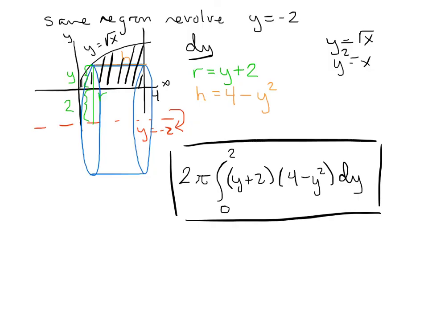I think it's easier to draw a picture and figure out from the picture your radius and figure out your height. I think it's easier than memorizing a bunch of different formulas, because all those formulas would be dependent on where your line of rotation is. Okay, I think that's it for this video.